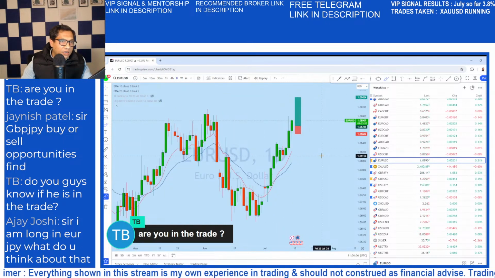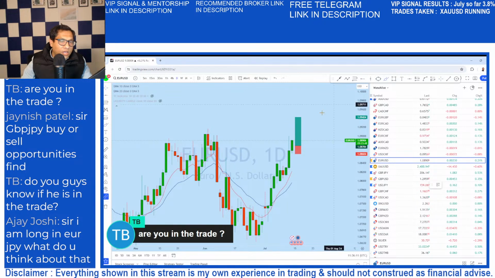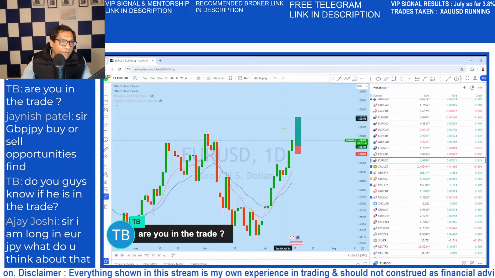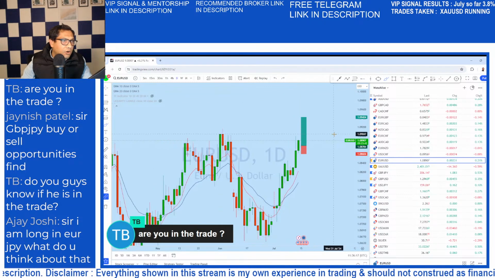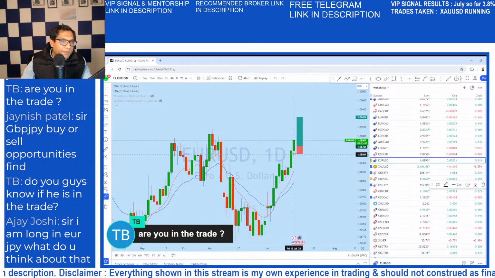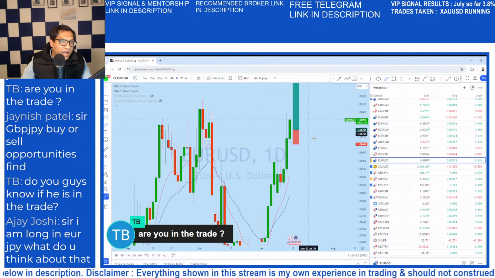Looking at the daily chart, there is a daily candle with a long wick here, followed by a healthy body on euro dollar, and we expect this price to bounce back up to create a new higher high.